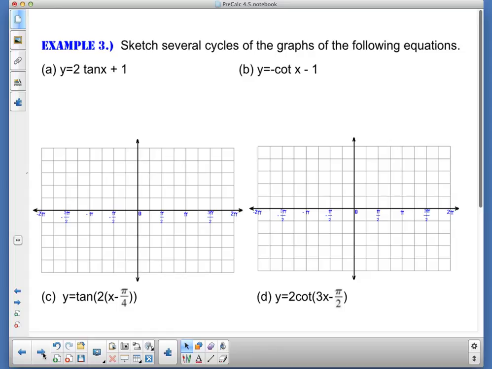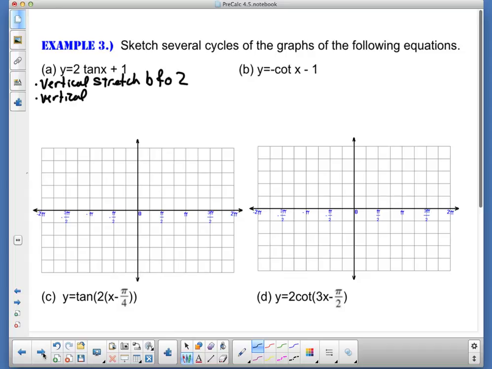Example 3, we're checking these out, and we've got just 2 tangent x. So I got a vertical stretch by a factor of 2. Okay, I have nothing in B, and I got a vertical shift up 1 unit.